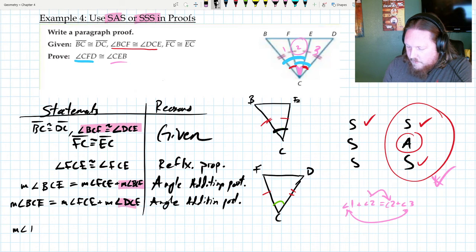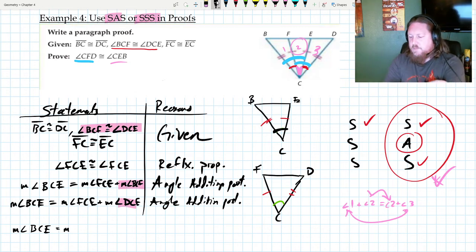Measure of angle BCE is equal to, well, no, if I just plug that in, I just get that same line again. Oh, wait a second. Can I subtract the measure of angle FCE from both sides?